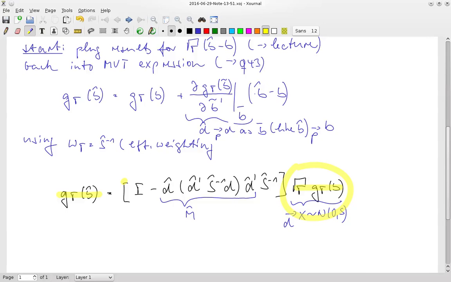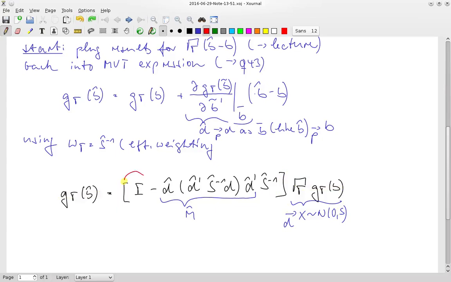It must be the case that the matrix in brackets that we have here cannot be of full rank if I produce k linear dependencies in g_T of b hat. The conclusion is that this matrix in the green brackets is actually of rank n minus k. Okay, we should note that here.